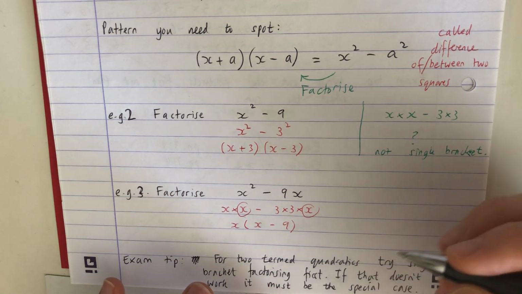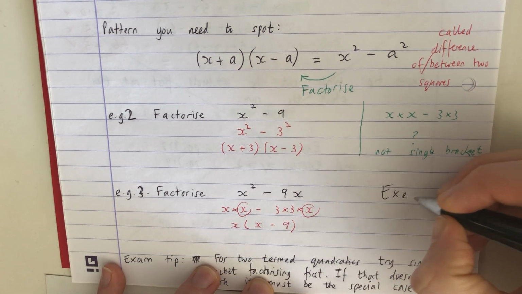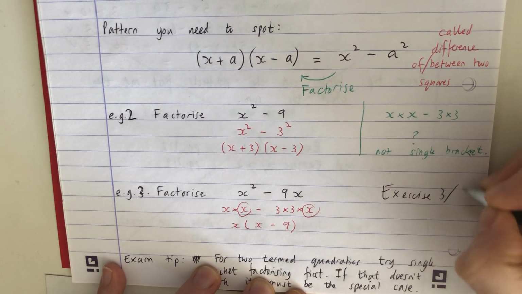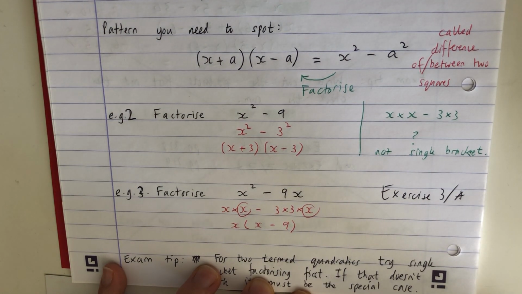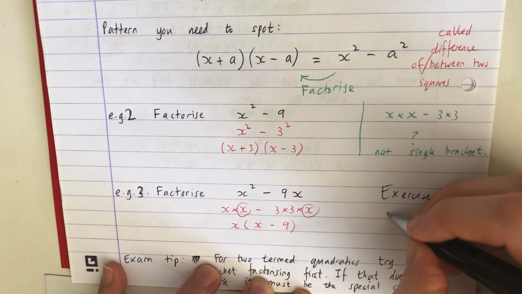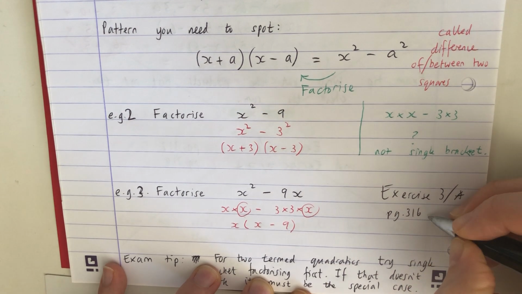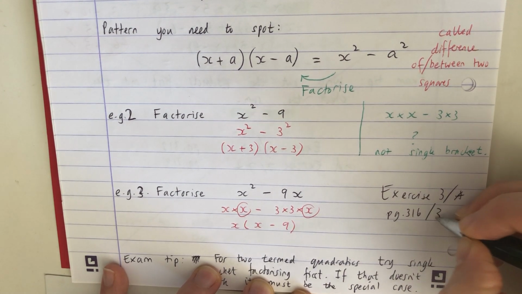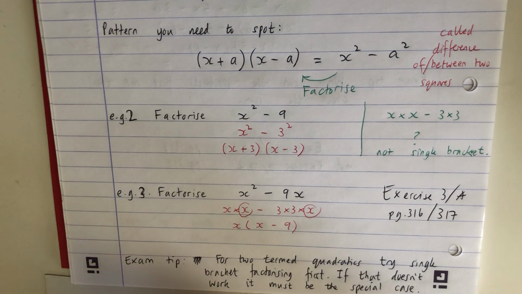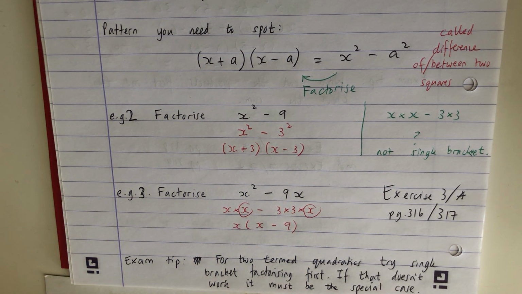Okay, so that's exercise 3, and you're going to do 3 star today, both of them, and that's on page 316 and 317. So do both of them, and mark your answers with the ones in the back of the book, and then upload your workings to the class notebook. Thank you very much.